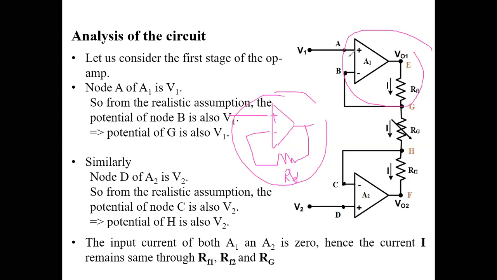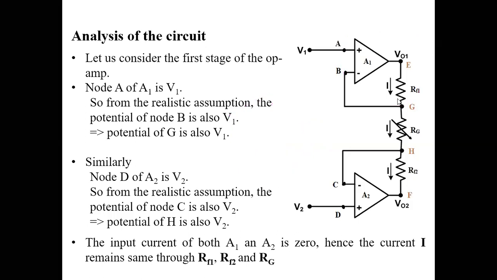Here we are using an RG resistance, which is the gain resistance, and it is a potentiometer. The advantage of this instrumentation amplifier is that if you simply change the resistance RG, the entire gain of the amplifier changes.